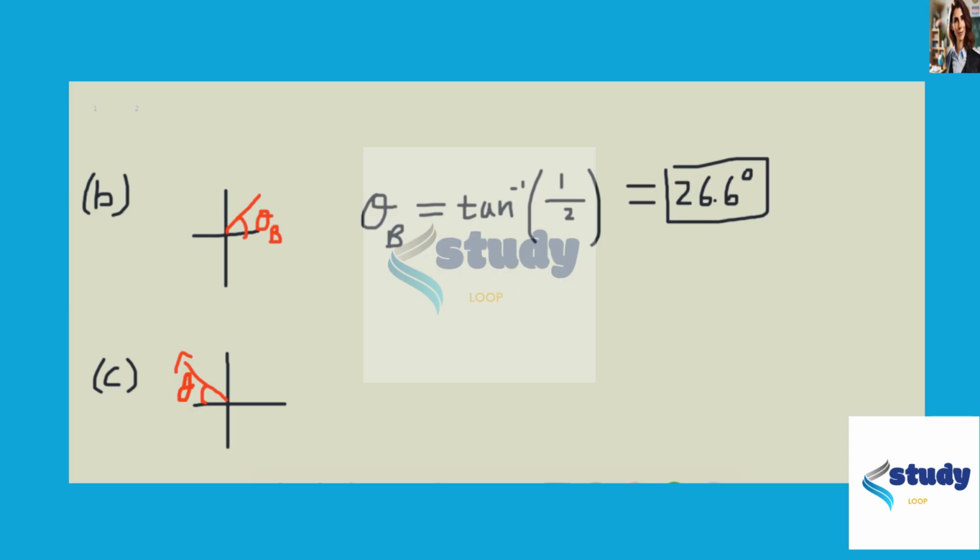But really what we want, and I'll do this one in green, is this angle from there to there, which we can call theta c, since this is part C. Okay, so first, the angle theta. Well, again, the angle theta is just going to be our inverse tangent of the opposite here, which would be our y value, which is positive 1, over the adjacent, which is our x value. It's negative 2. So this comes out to, again, equal negative 26.6.